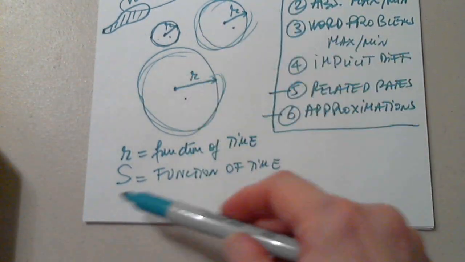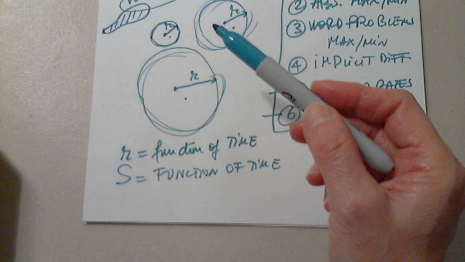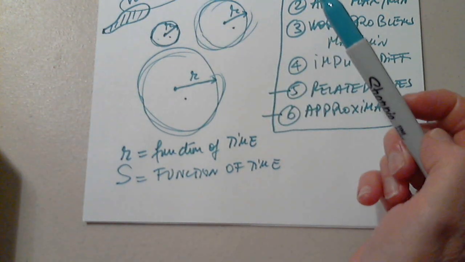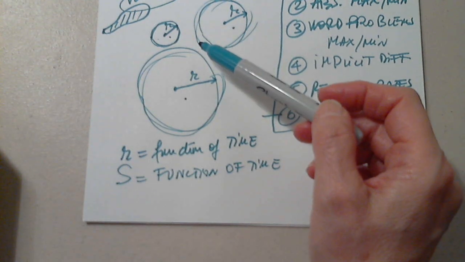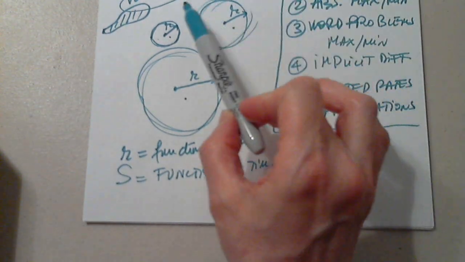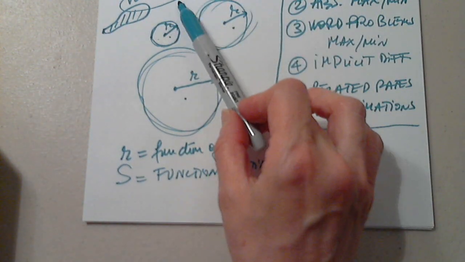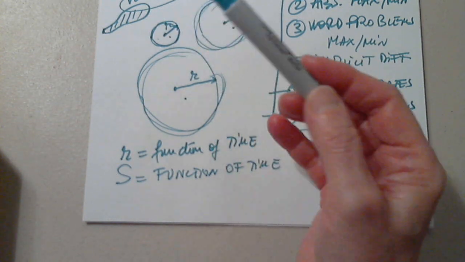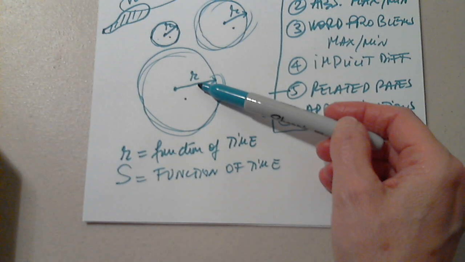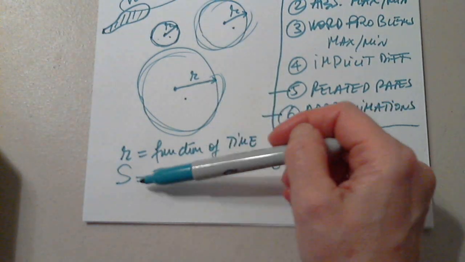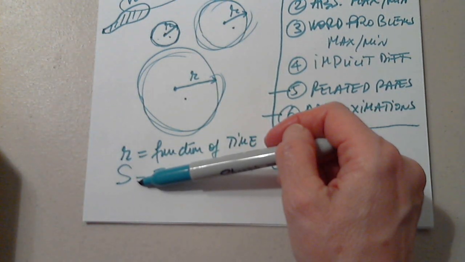So all these have derivatives. Why? Any function has a derivative, right? With some exceptions, of course. But the volume changes, so there is a derivative. The radius changes, there is a derivative. The surface area, there is a derivative.